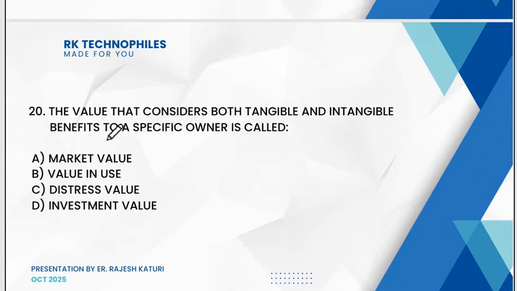The last one in this session, the value that considers both tangible and intangible benefits to a specific owner is called A, market value, B, value in use, C, distress value, D, investment value. The correct answer would be investment value.